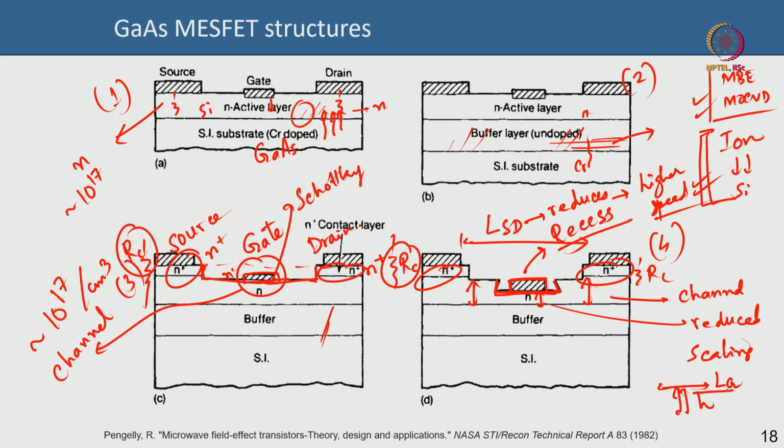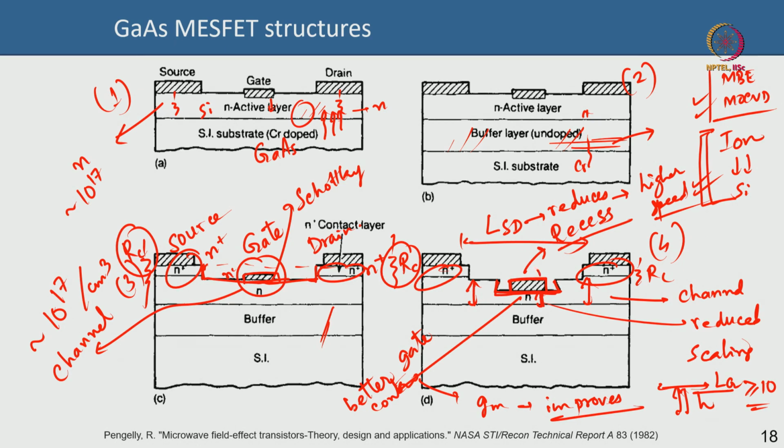The ratio Lg by H has to be at least 10. So, your recess helps in having a thinner channel, and that gives you better gate control, which means your transconductance GM improves, and GM improving is extremely important for improving the gain as well as the noise performance, as we shall see.